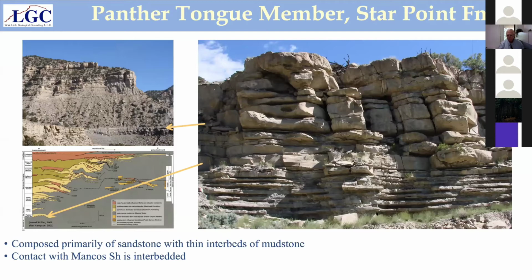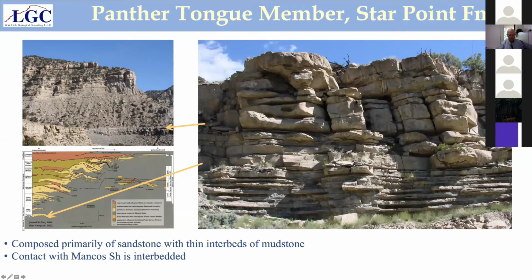Down at the bottom is a unit that consists of interbedded sandstone and mudstone. And then up above it, here's a sandstone. The way that it's weathering is a little bit more blocky than what's up above. And so I put another boundary up through here. And then the upper part is a sandstone that's a little bit more rounded.